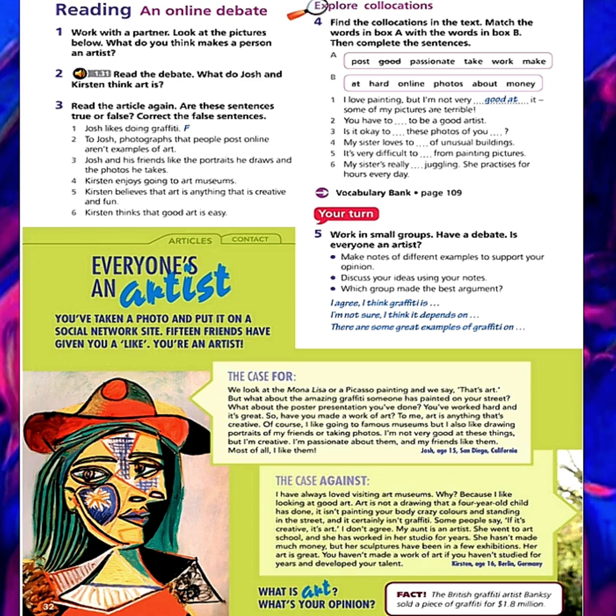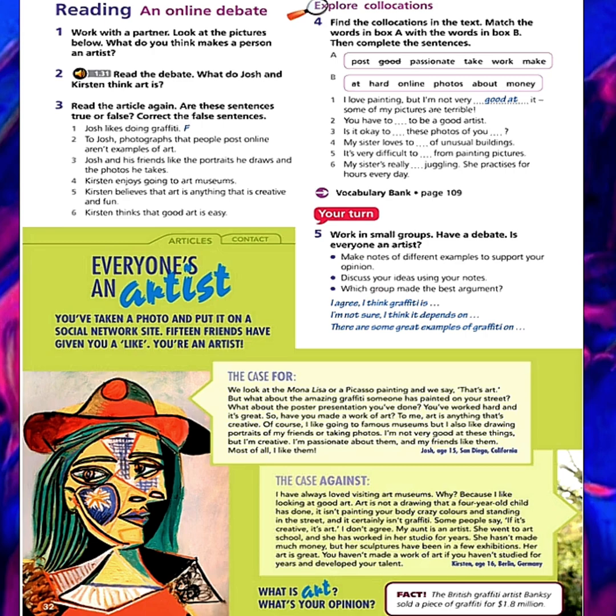The case against. I have always loved visiting art museums. Why? Because I like looking at good art. Art is not a drawing that a 4-year-old child has done. It isn't painting your body crazy colours and standing in the street. And it certainly isn't graffiti. Some people say, if it's creative, it's art. I don't agree. My aunt is an artist. She went to art school, and she has worked in her studio for years.